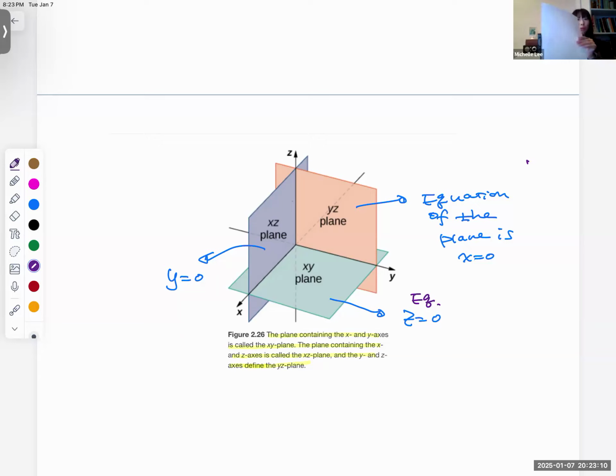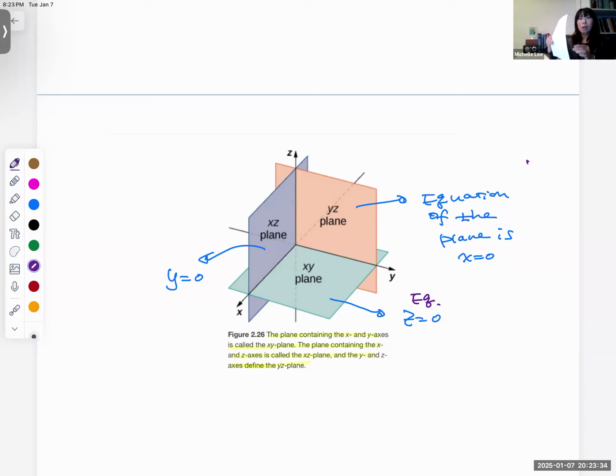Why am I doing this? Why should it be like that? Moving along y, along z, along the x-axis, right? Make sense to you guys?